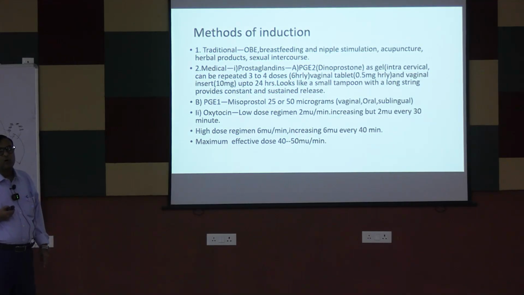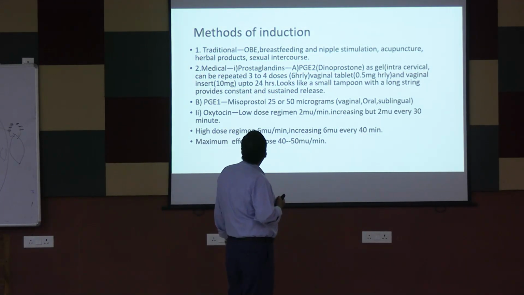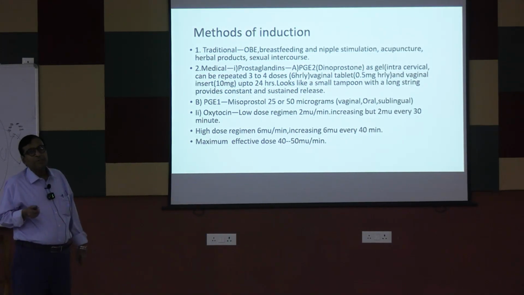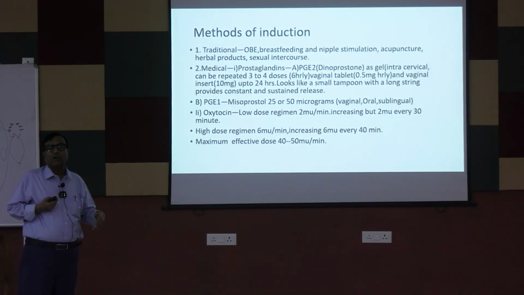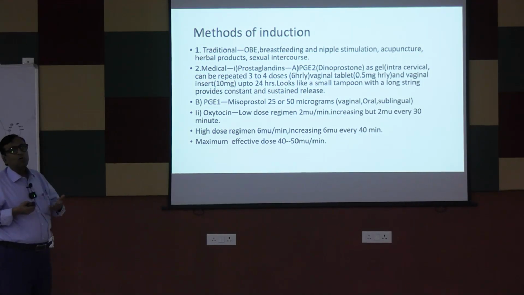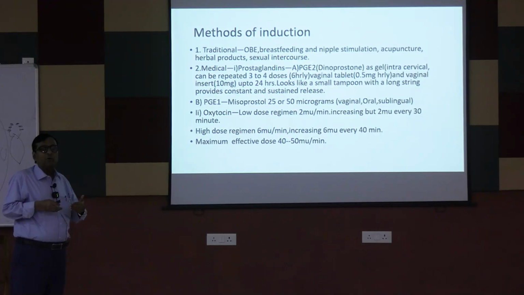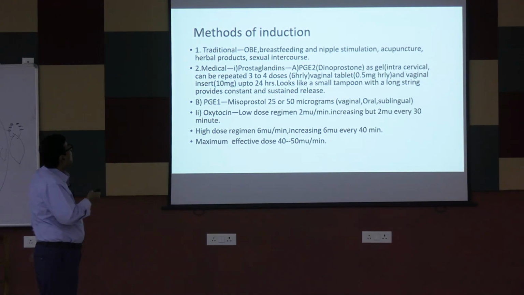Now coming to the methods of induction. What are the methods of induction available? Number 1, traditional, previously done: OBE, oil bath enema. The patient was given castor oil, with the expectation that irritable bowel movement will reflexively initiate uterine contraction.